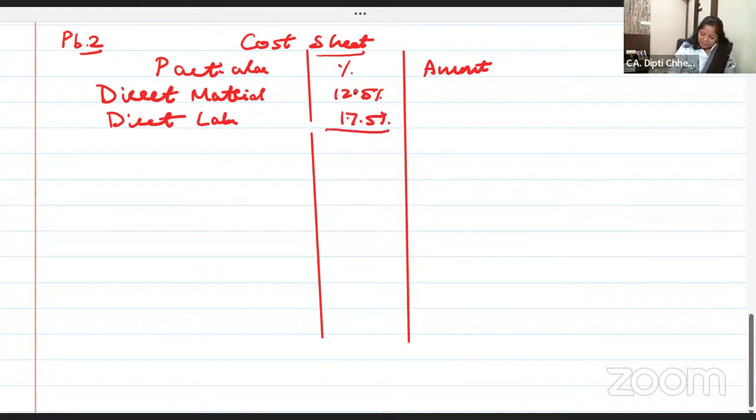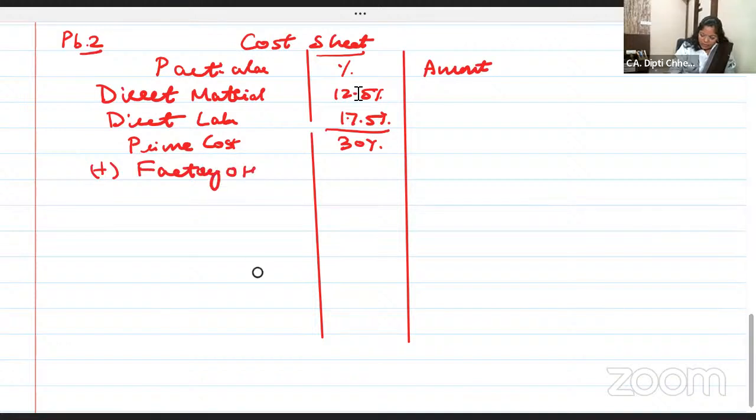Direct expenses is missing, so no need to write, and put blank. Directly we can write prime cost is 30% of the sales. After that, add factory overhead or production overhead.